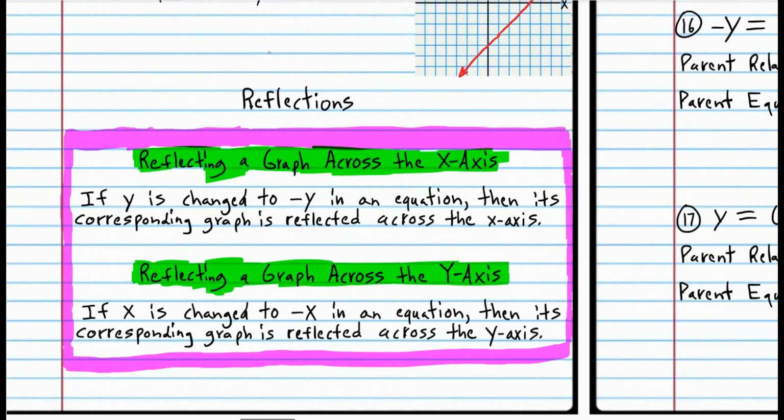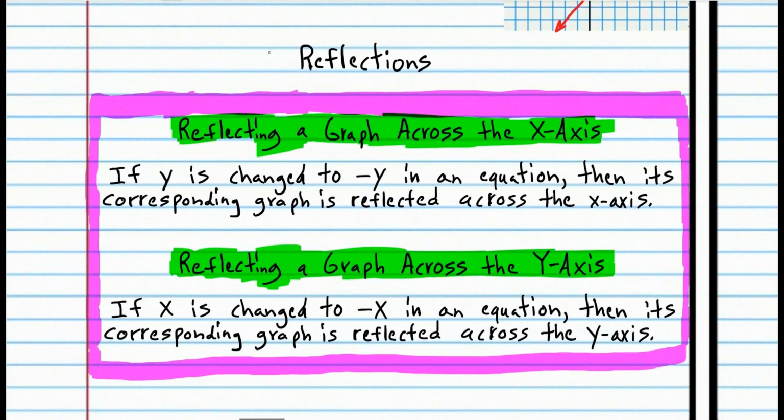But now we're going to learn the second type of transformation. Again, we're not doing rotations today, or we're really not going to focus on that in the curriculum. But the second type of transformation we're going to learn is reflections. With reflections, what you do is you take y in your equation and you change it to negative y.